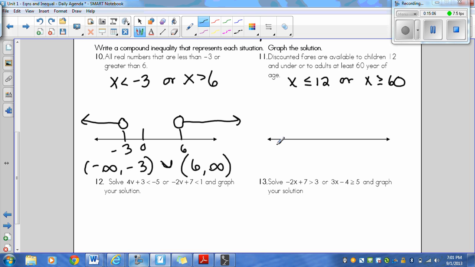So if I put that in interval notation, it would be from negative infinity to 12. They get a discounted fare, or 60 to infinity. I know, I made a mistake, and I made the mistake on purpose. I want you to find it right now.